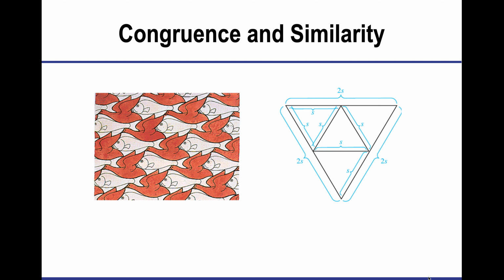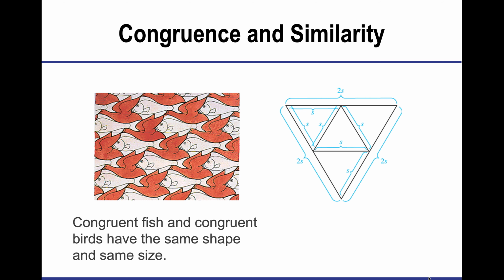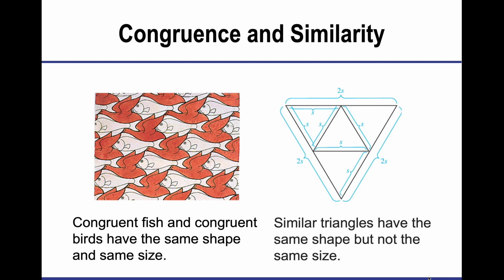So the idea of congruence and similarity is that if two things are congruent, I should be able to reconstruct it and measure it, and they should have the same measurements. Here I have congruent fish and congruent birds that have the same shape and same size.